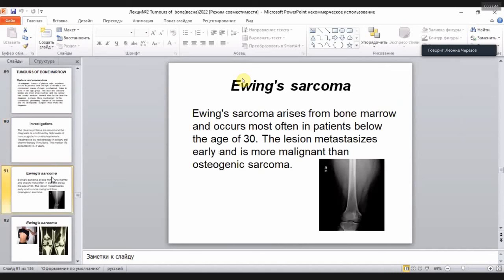Ewing sarcoma. Ewing sarcoma arises from bone marrow and occurs most often in patients below the age of 30. The lesion metastasizes early and is more malignant than osteogenic sarcoma.